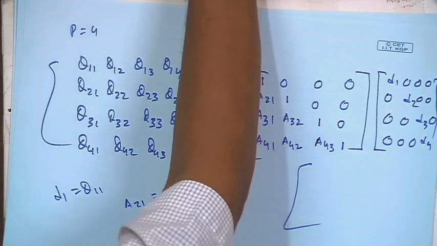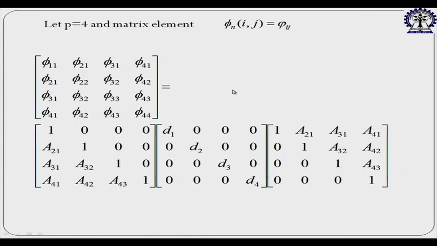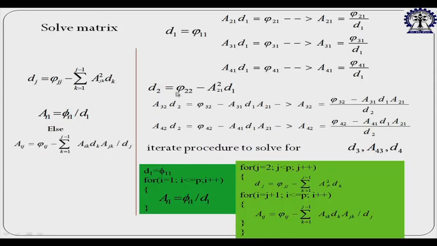A 3 1 is phi 3 1 by D 1, and A 4 1 is phi 4 1 by D 1. Now if I solve for D 2, it will be phi 2 2 minus A 2 1 square into D 1. There is some typing mistake, all of these are phi.